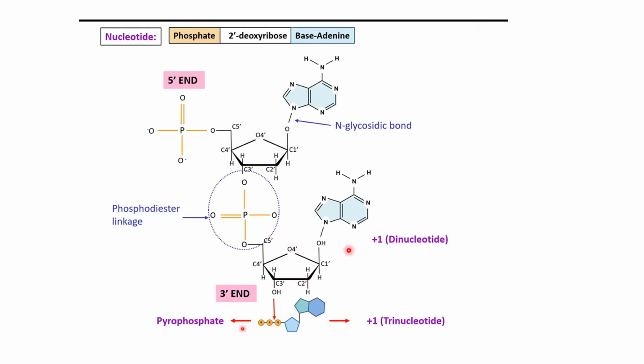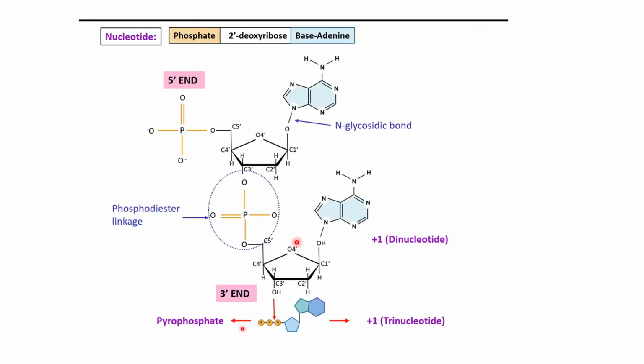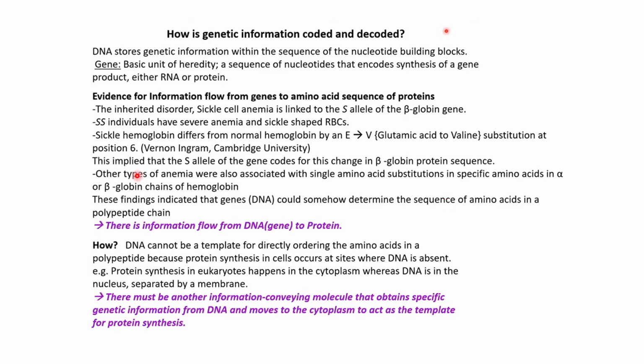Similarly, when we keep on adding nucleotide subunits, in which the OH group reacts with the phosphate group and the sugar, it gives a trinucleotide. Similarly, the DNA molecule is formed. Then it is called an oligonucleotide, which means many nucleotides joined together.